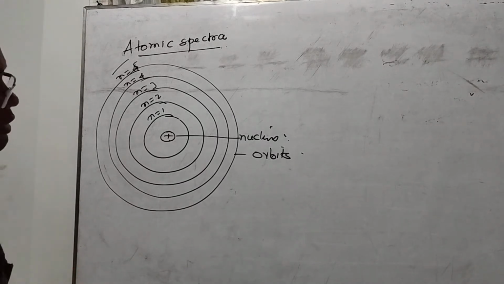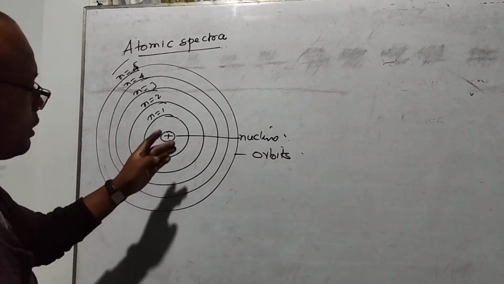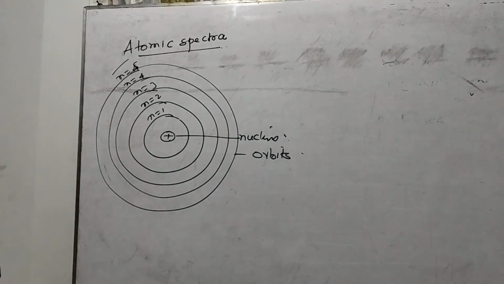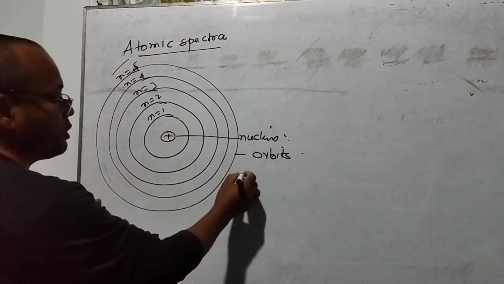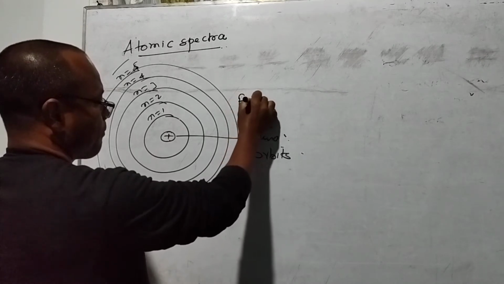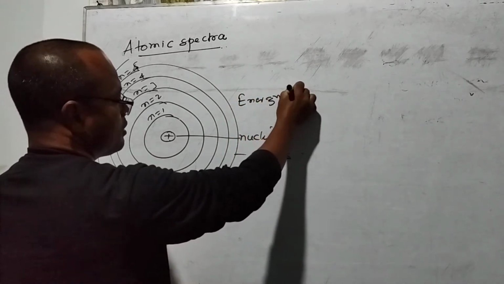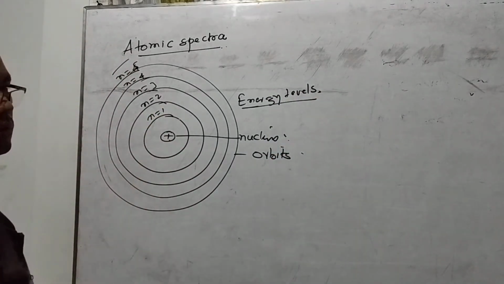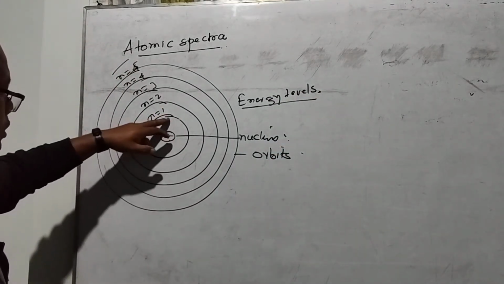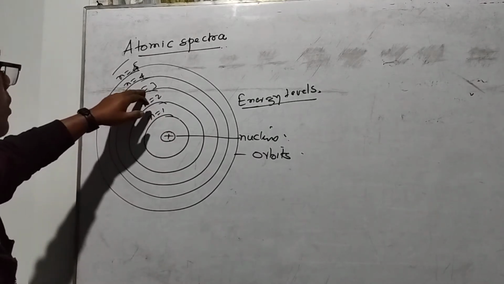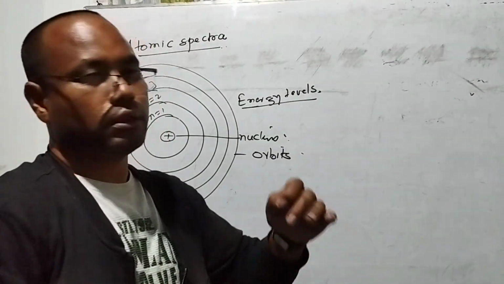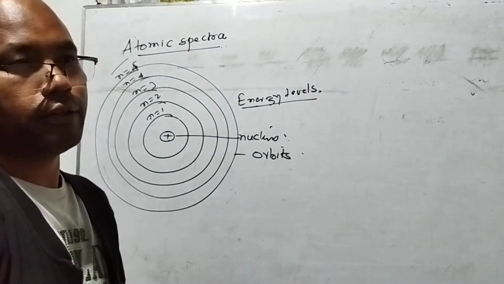Now let us think about the energies. In our orbits, a definite quantity of energy is associated with each, and that energy we call the energy level. That means the quantity of energy associated with the first orbit, second orbit, third orbit, fourth orbit, and so on, is different for different orbits, right?